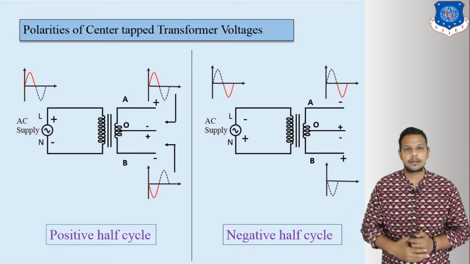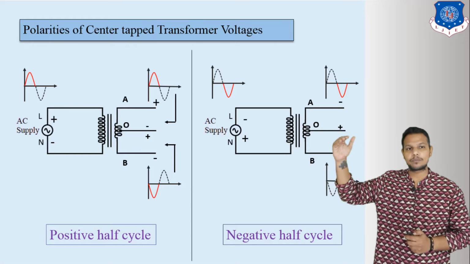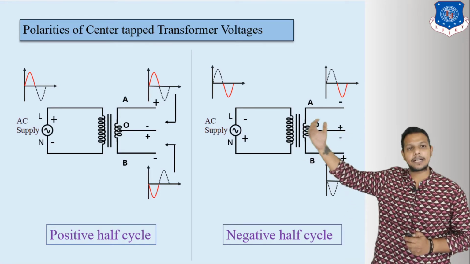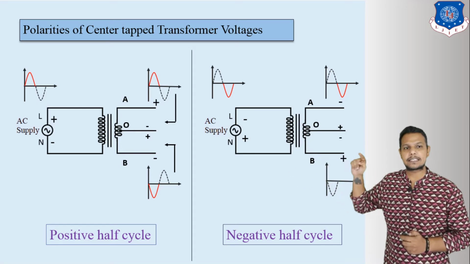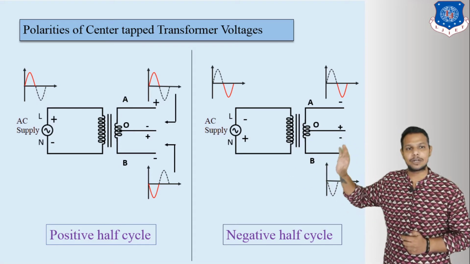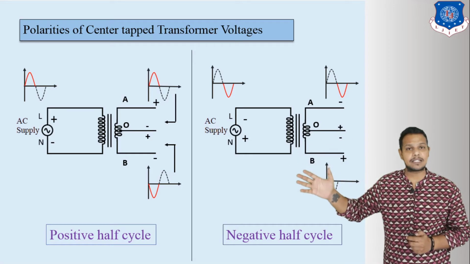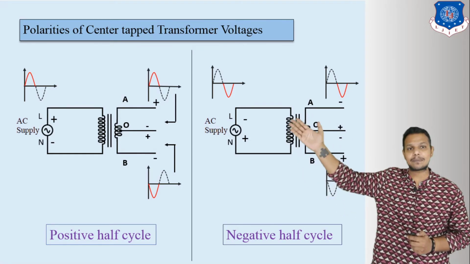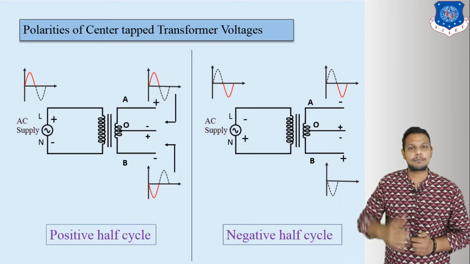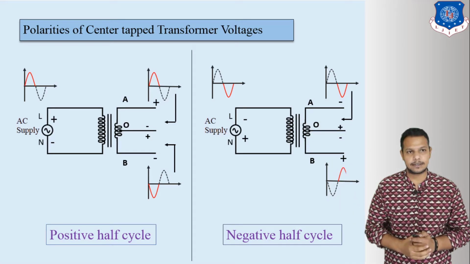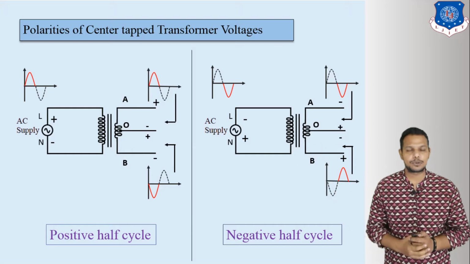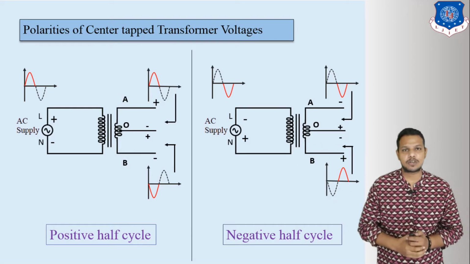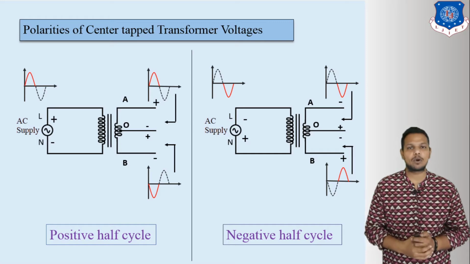Now for VBO, our input side polarities are minus and plus, but here it is plus and minus. So it is a 180 degree phase shift. That means if we enter a negative half cycle, we get a positive one here, because it is 180 degrees phase shifted with the input. So these are the basic concepts of the polarities of center tapped transformer voltages.